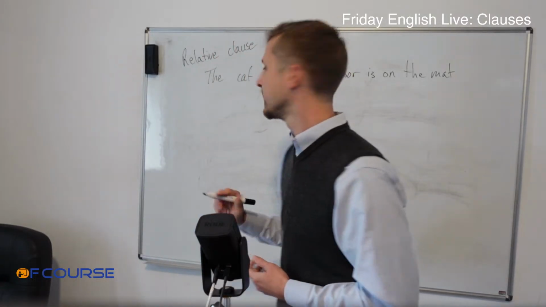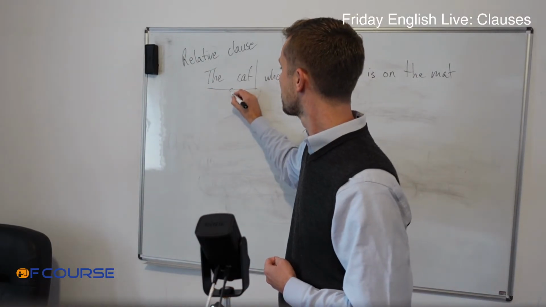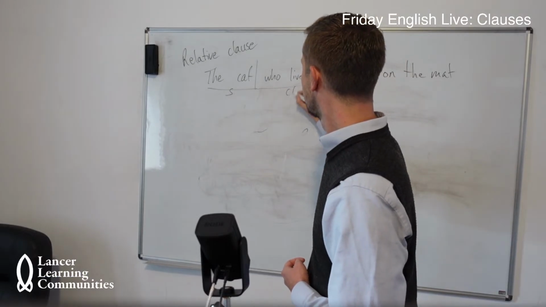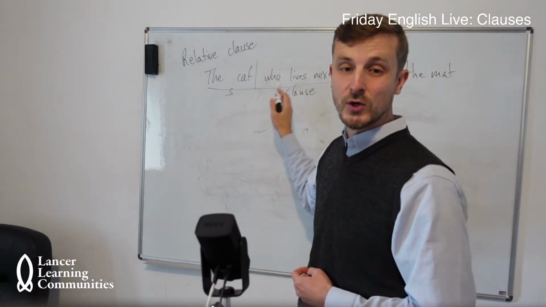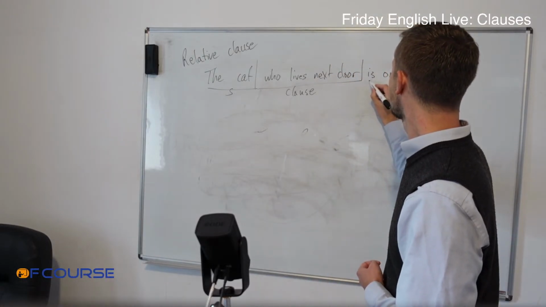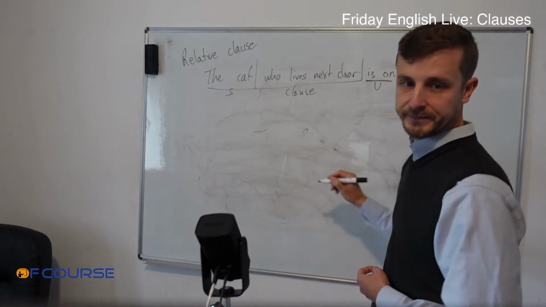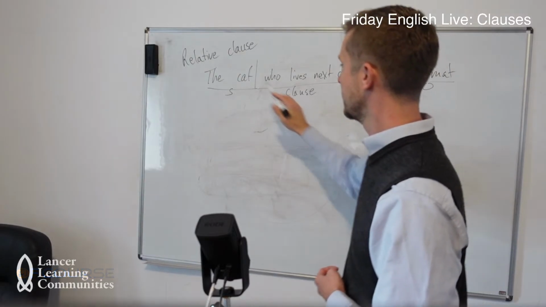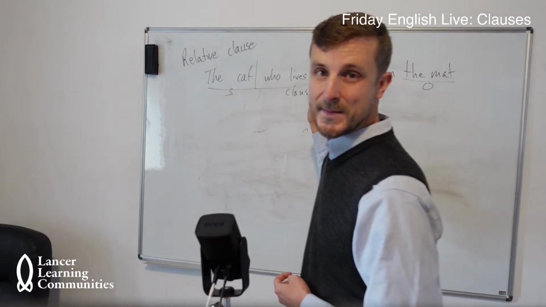All right, here we go. The cat, right here, is our subject. Who lives next door, this right here is our relative clause. The cat who lives next door. Here is our verb, it's on. The mat, this is our object. The cat who lives next door is on the mat.